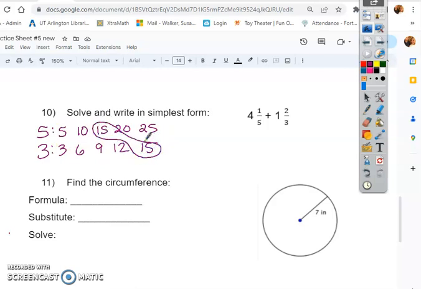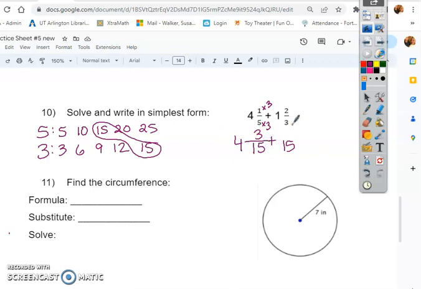So both of these become 15 on bottom. Now we will make equivalent fractions. See how this 5 became a 15? I had to change it. 5 times 3 gives me 15. To make equivalent fractions, I have to multiply the top by 3 also. 1 times 3 is 3.